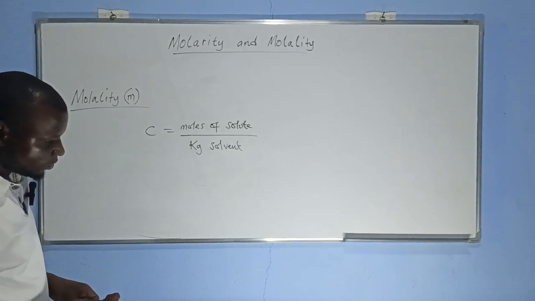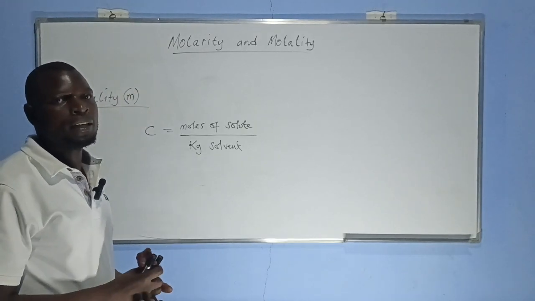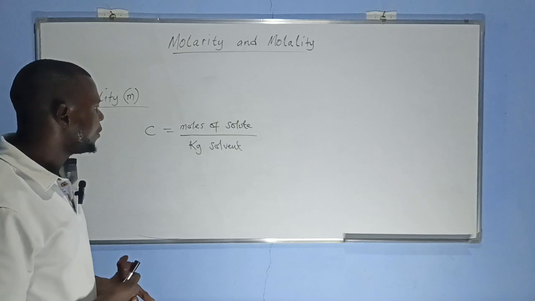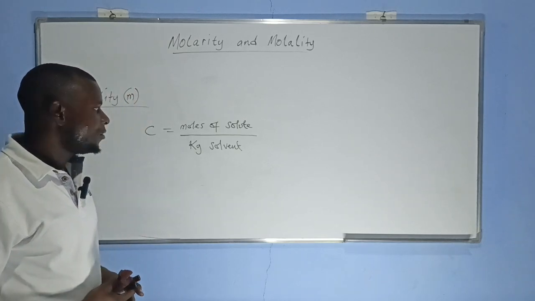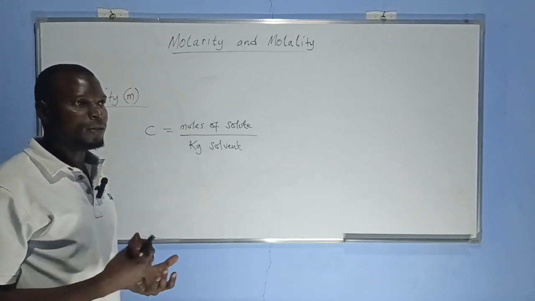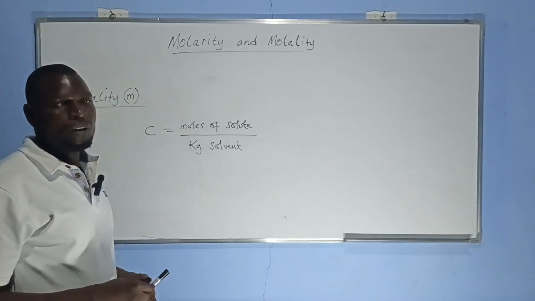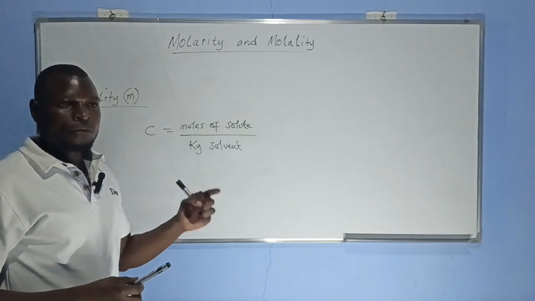Remember, in terms of solutions, we have what we call a solute and what we call a solvent. I hope you know those terms, but when we talk about a solvent, it's that which dissolves the solute, and when we talk about the solute, it's that substance that dissolves in a solvent. For example, if you have sugar and water, water can dissolve sugar.